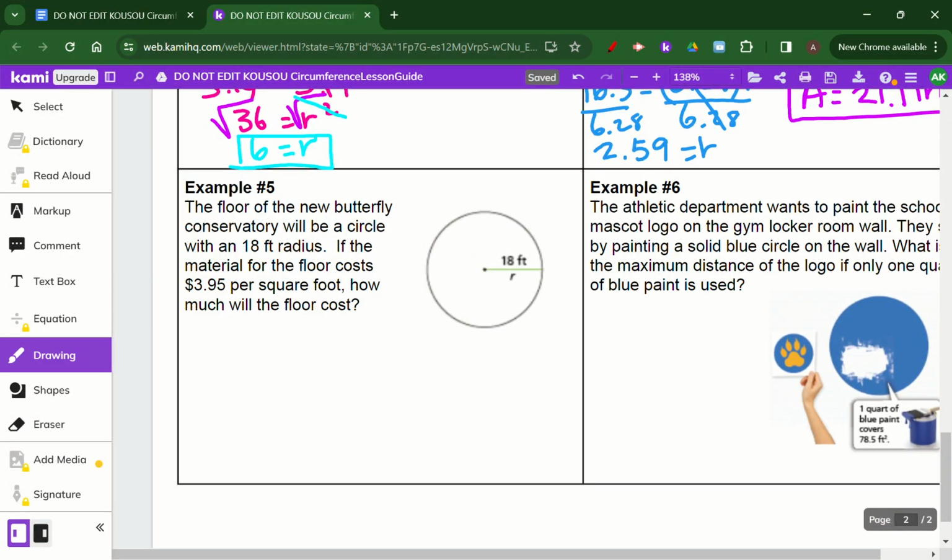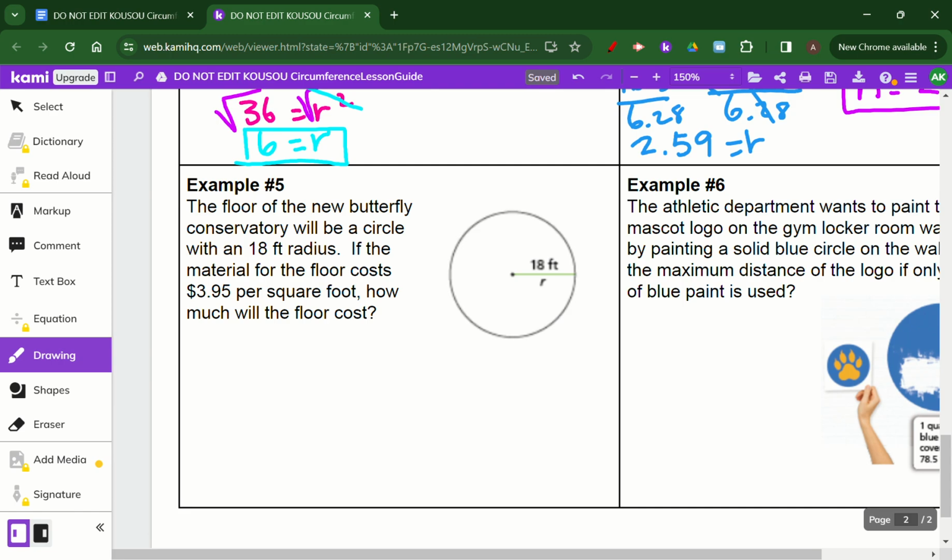All right, example 5. The floor of a new butterfly conservatory will be a circle with an 18-foot radius. If the material for the floor costs $3.95 per square foot, how much will the floor cost? So in this problem, we are trying to figure out first, what is the area, and then second, how much it's going to cost. So we're going to use our area formula.